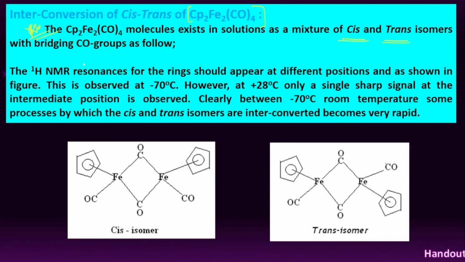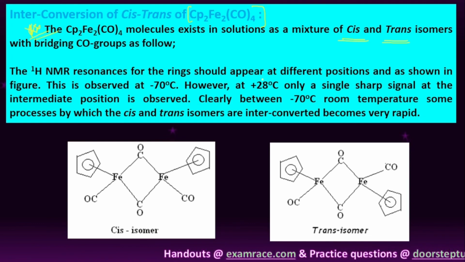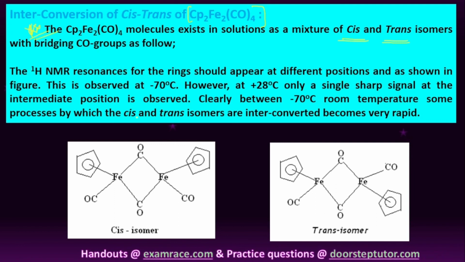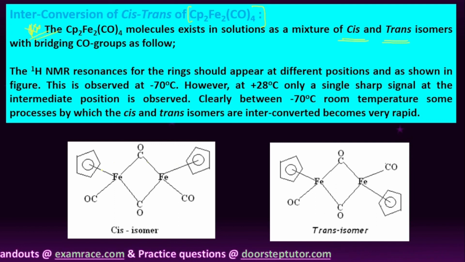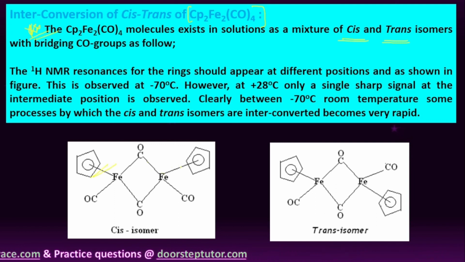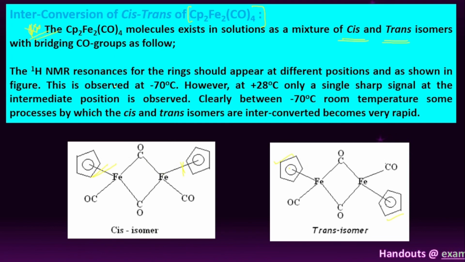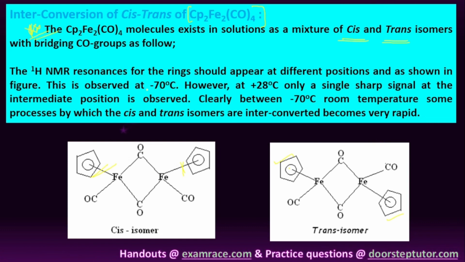Here you can see in the proton NMR spectroscopy, the resonances for the rings should appear at different positions as shown in the figures. These two cyclopentadienyl rings are cis to each other, and these two cyclopentadienyl rings are trans to each other, students. Here we observe that at two different temperatures, different types of peaks appear in the NMR spectrum.